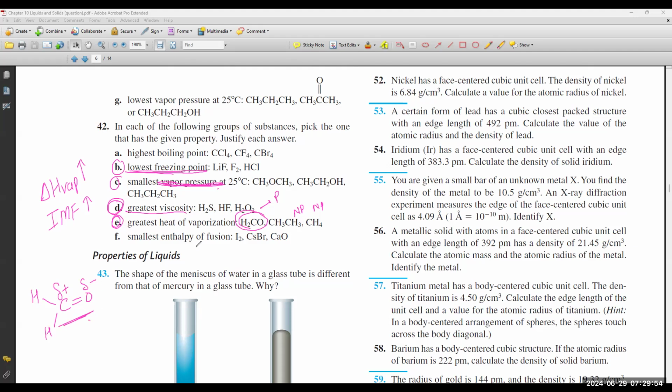Yeah, good. Smallest enthalpy of fusion, very small energy needed to fuse it. Fuse means to melt it. Small means less. So you're looking for less IMF. Yes, I2. Perfect answer.